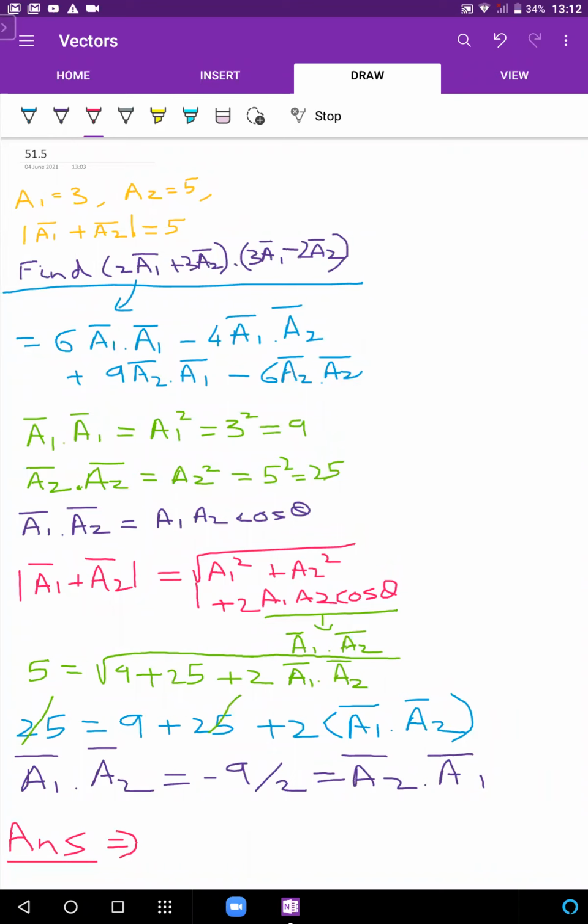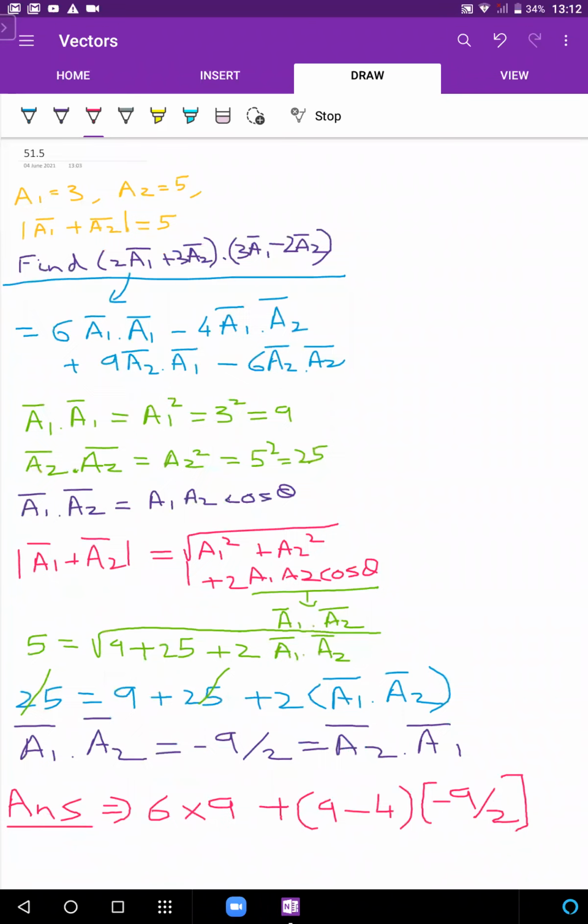So the answer is going to be 6 into 9 plus 9 minus 4. I can take common, because they are actually the same term. 9 minus 4 common into A1 dot A2, which is minus 9 by 2. And then I have minus 6 into A2 dot A2, which we know is 25.